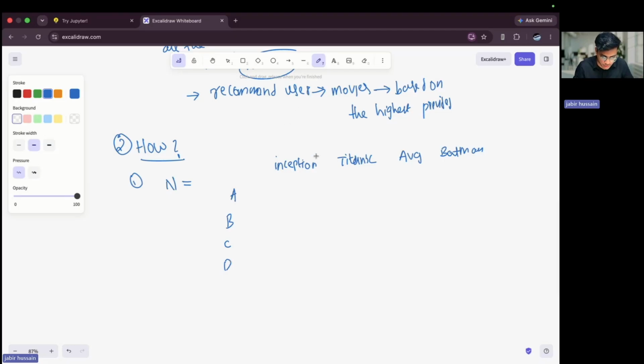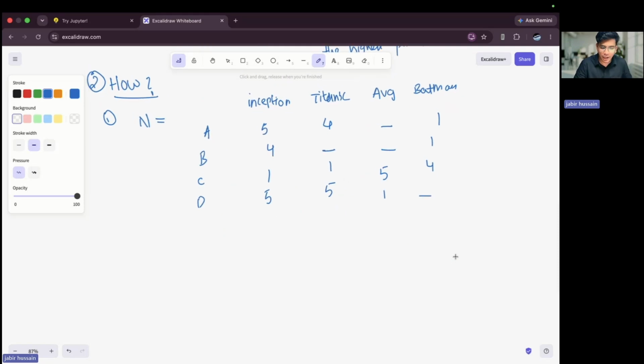It doesn't matter. Now I'm going to put some values: 5, 4, blank, 1. After that 4, blank, blank, and 1. After that 1, 1, 5, 4. After that 5, 5, 1, 0. This is the example I have taken in my book.